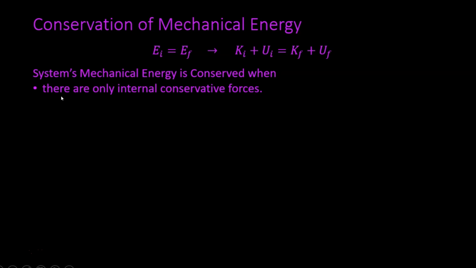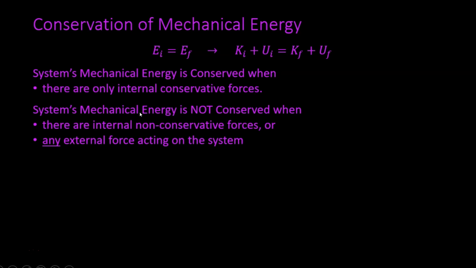So an example of this would be something falling in a gravitational field, provided we make the gravitational field part of the system, and we ignore air resistance or drag, which of course out beyond our atmosphere is a completely accurate assumption. The system's mechanical energy is not conserved when there are internal non-conservative forces or any external force acting on the system.